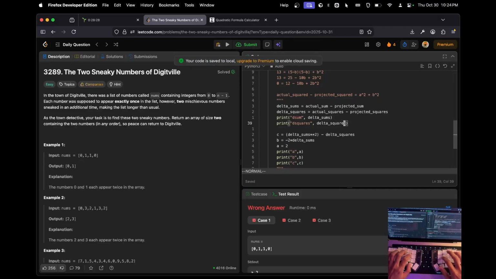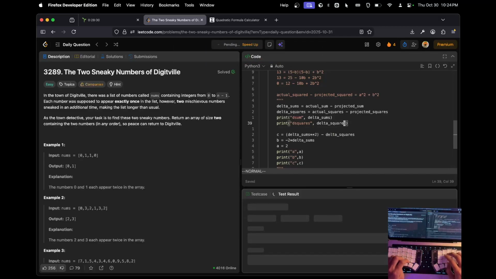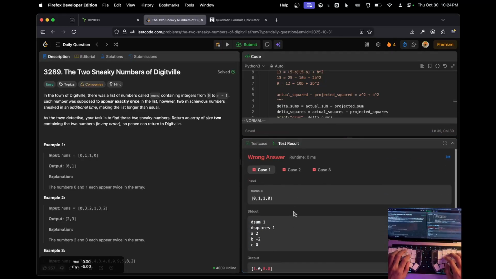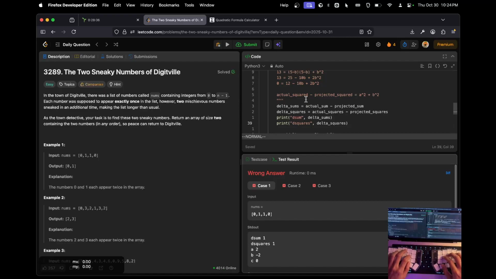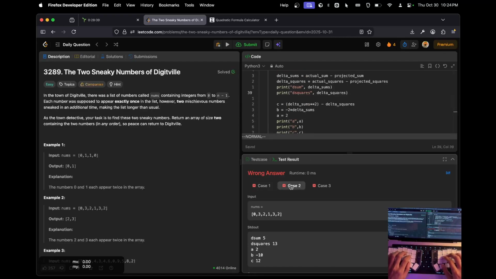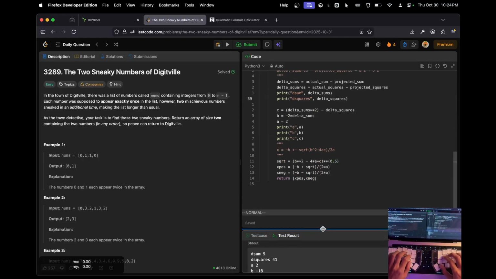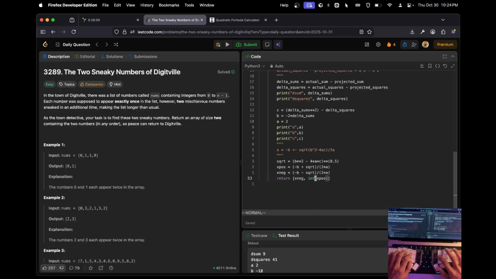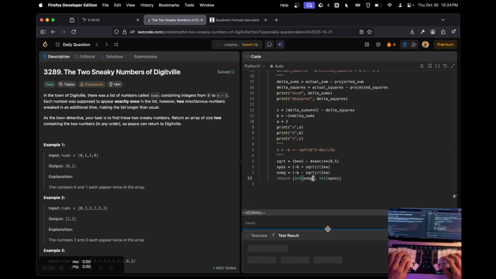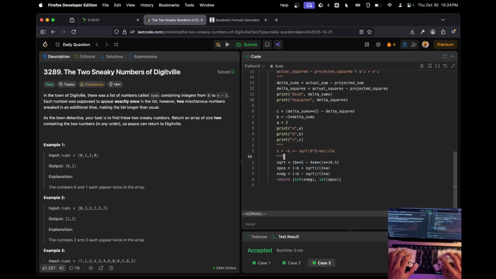Delta squares. Let's see where we messed it up. Oh, we're actually correct. Wow, I'm geeking. We just forgot to typecast it to an integer. Okay, fire.